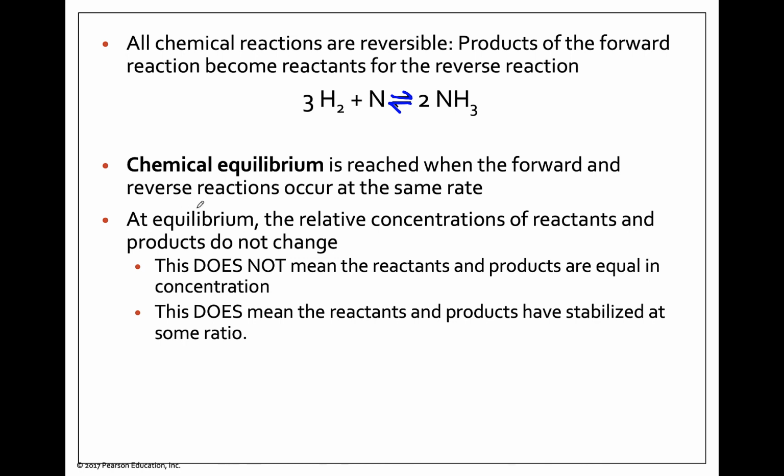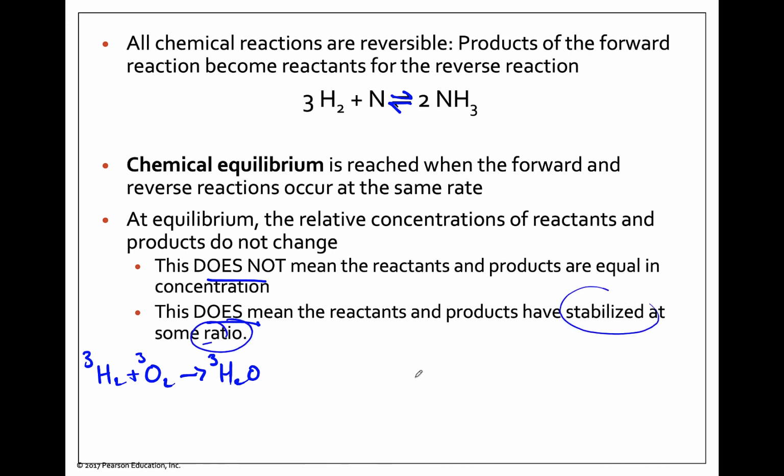Chemical equilibrium is something that gets a little bit misunderstood. It does not mean that there has to be the same number of reactants as products. The reaction we had before was H2 plus O2 goes to H2O. So it doesn't mean that we're going to have 3 of these and 3 of these and 3 of these. That's not balance, that's not equilibrium. What a chemical equilibrium does mean is that they stabilize at some ratio.